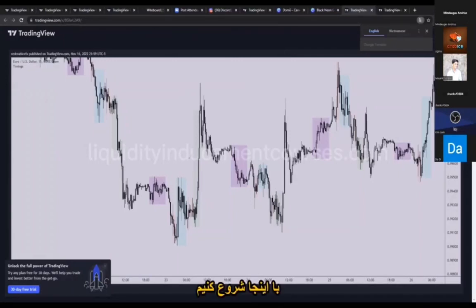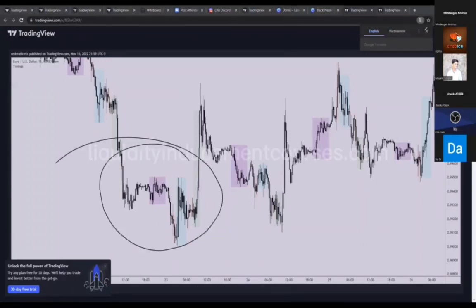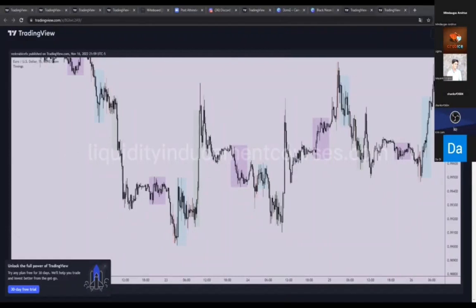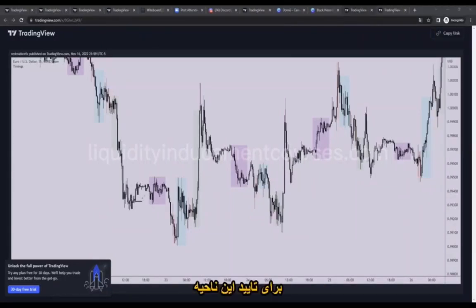So let's start with this one. Asian had a stop hunt, and you naturally want to see a push to the upside. All right. So we had a liquidity sweep. We had re-engineered liquidity to confirm this area.